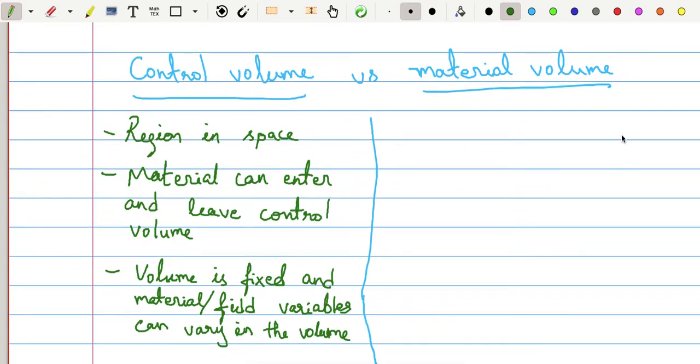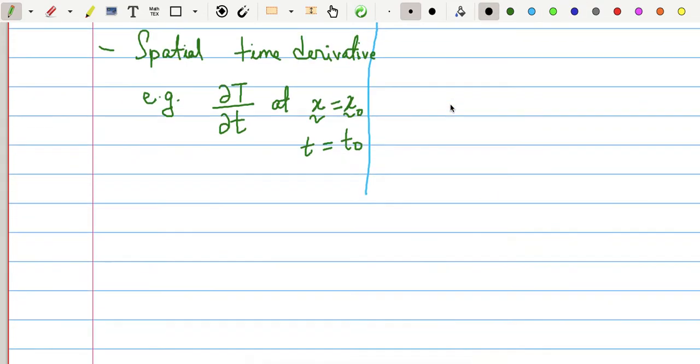Let us say that you are doing a sheet rolling operation. In a sheet rolling operation, let us say these are the two rollers, this is rotating like this, this is rotating like this.